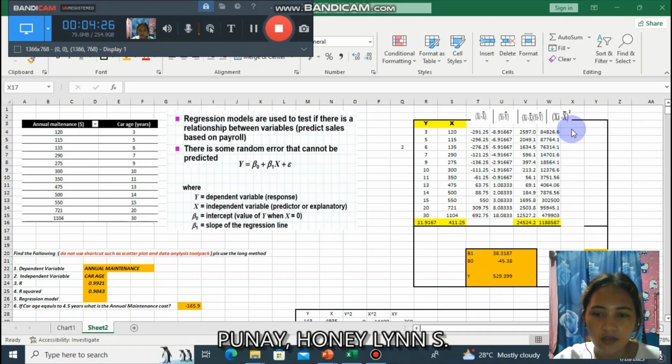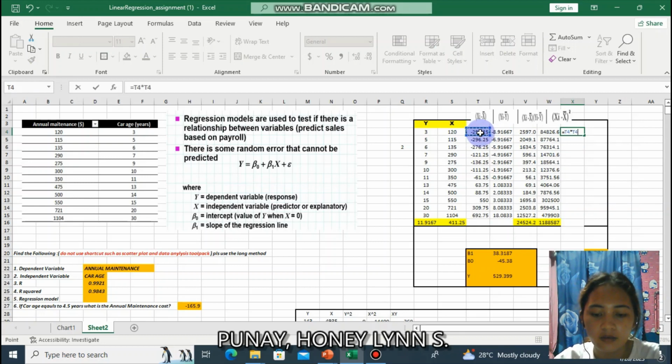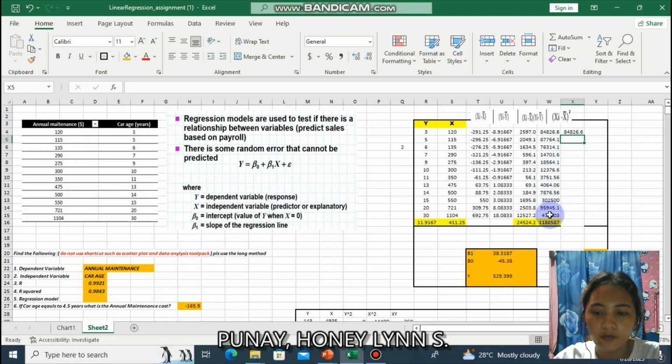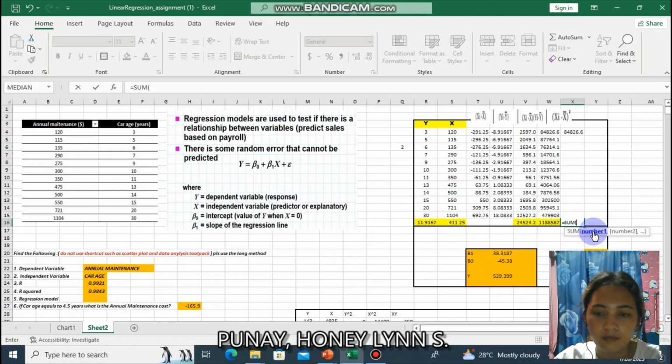On this side, I use the formulation equals the value times itself, then enter. To get this value, the formulation is just repeated, and then at the end, you will use the formula equals sum, drag all the values, enter. So you will get the value of 1188587.